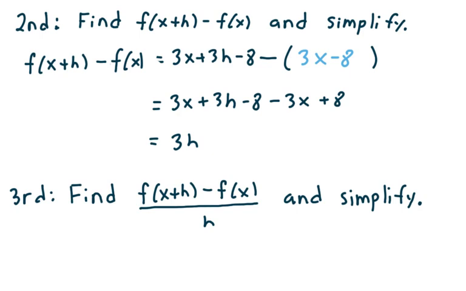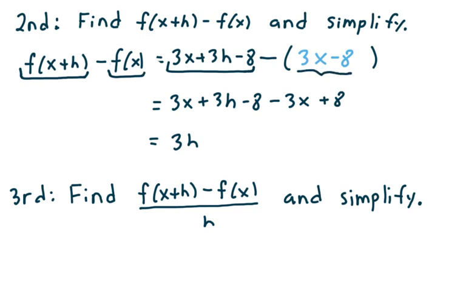In the second step, I want to find f of x plus h minus f of x and simplify. Now, we start with f of x plus h minus f of x. I'm going to replace f of x plus h with 3x plus 3h minus 8. That's from step 1. I'm going to replace f of x with 3x minus 8.